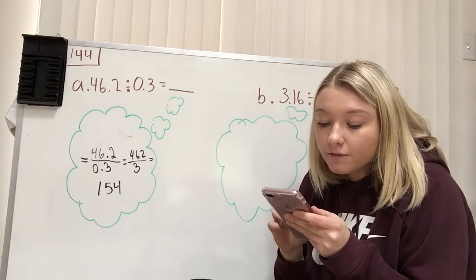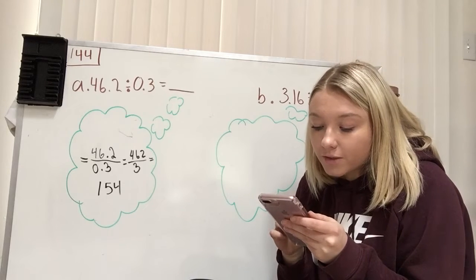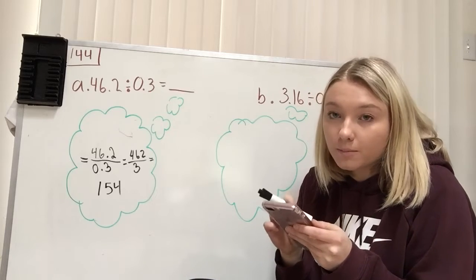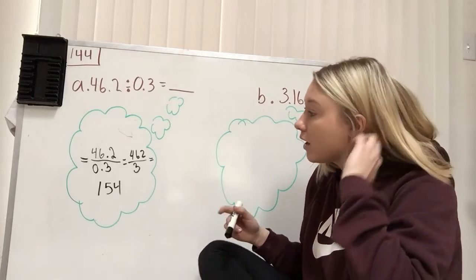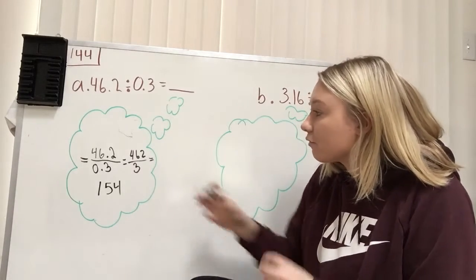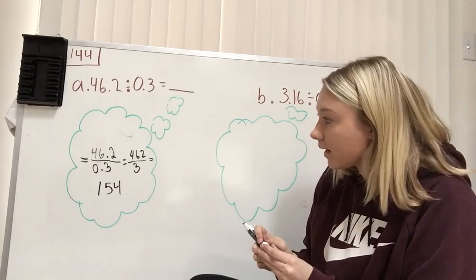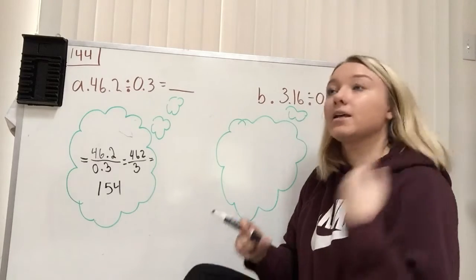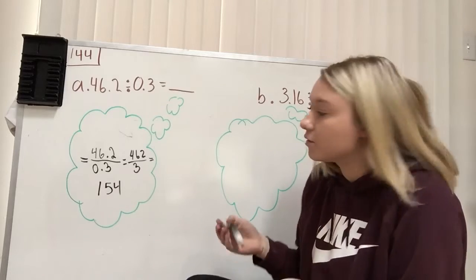It says, solve using the standard algorithm. Use the thought bubble to show your thinking as you rename the divisor as a whole number. They did the first one for you, well, part of it. In their thought process, they rewrote the problem, and then they have these little arrows, which means they know that they're going to multiply it by something to get rid of the decimals, which is what we've been doing, right?